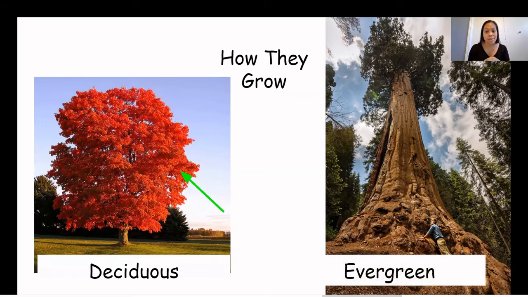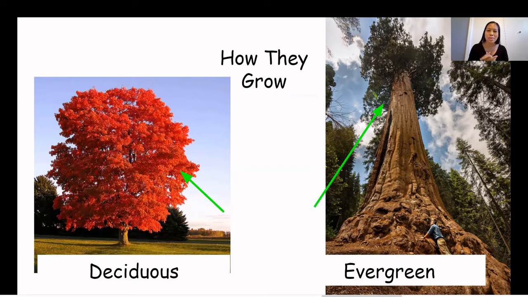Now the evergreen will grow very tall. Most evergreens can grow taller than a deciduous or maple or these kinds of trees. And there are even places you can go where the trees are so big, I don't know if you can see the man at the bottom, that you can just walk through them.